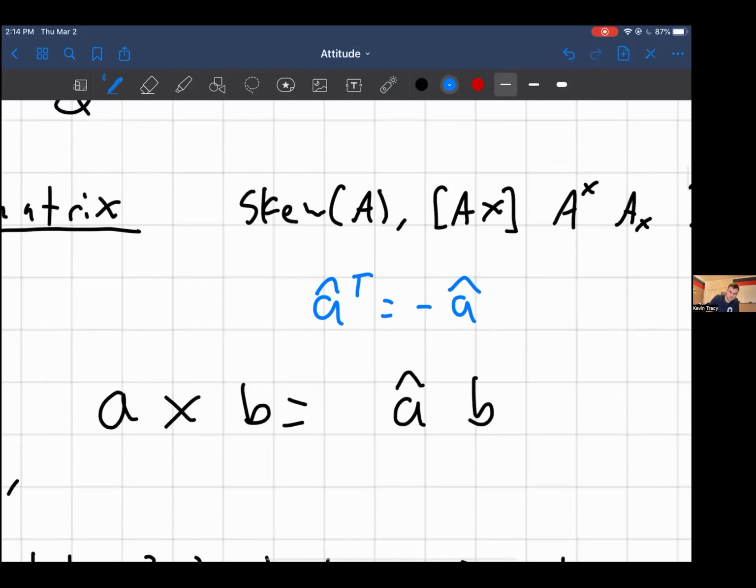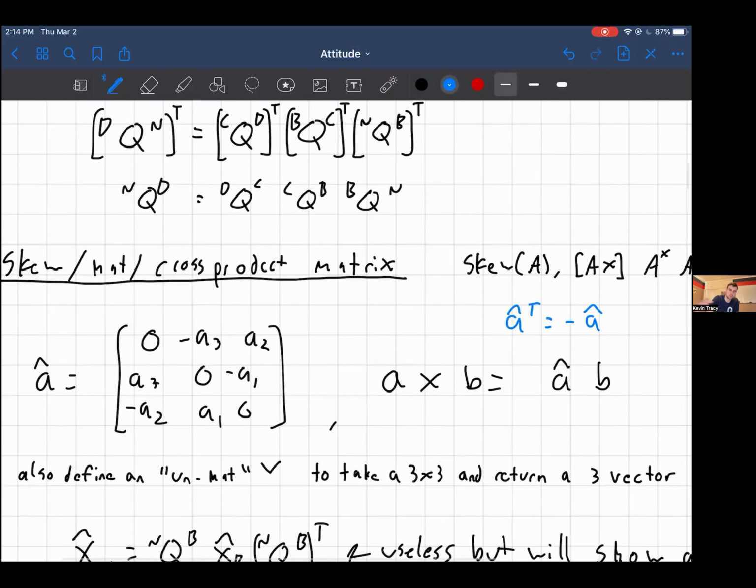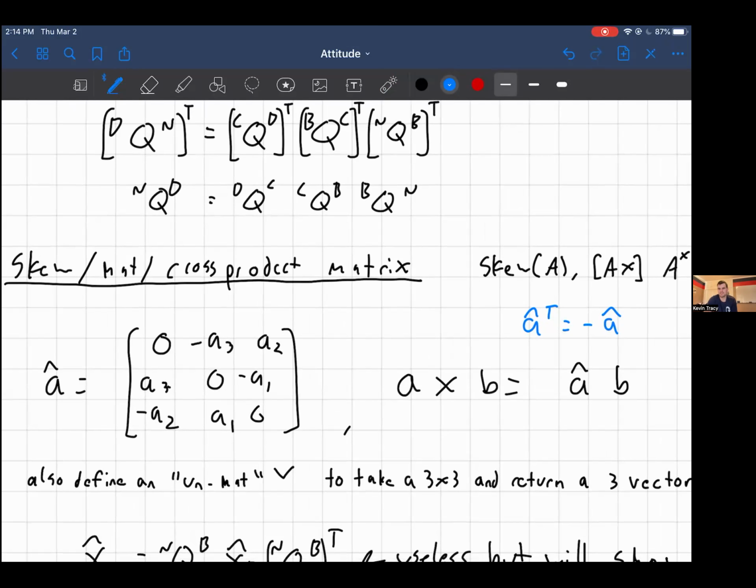This is what skew symmetric means. This is also called the cross product matrix because effectively what it does is it takes the cross product and turns it into matrix vector multiplication. So before, if I had A cross B, alternatively I could do A hat times B, and now I just use matrix vector multiplication, but it's the same operation.